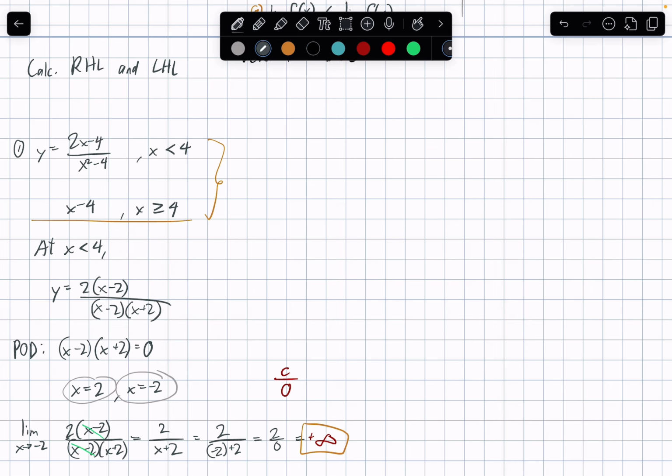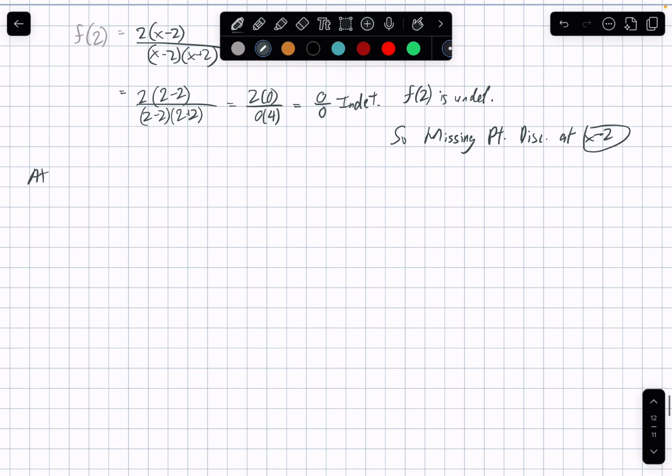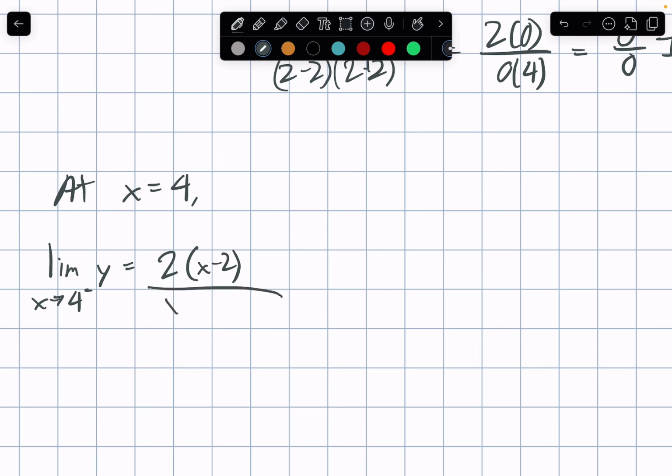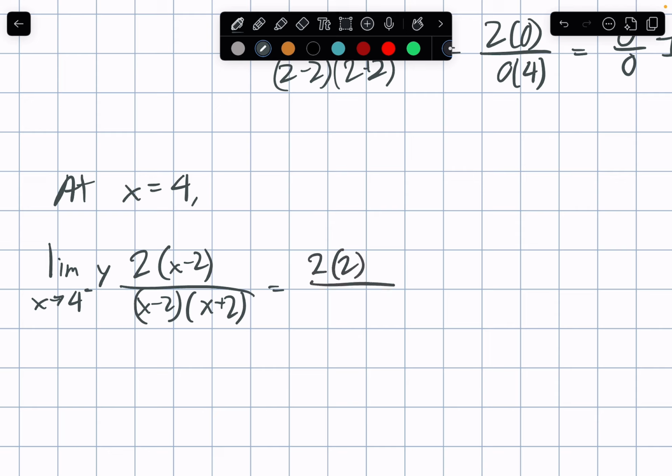So first things first, at x is equal to 4. So the limit as x approaches 4 from the left of the function. So 2 times, so that will be equal to 1 over 3.